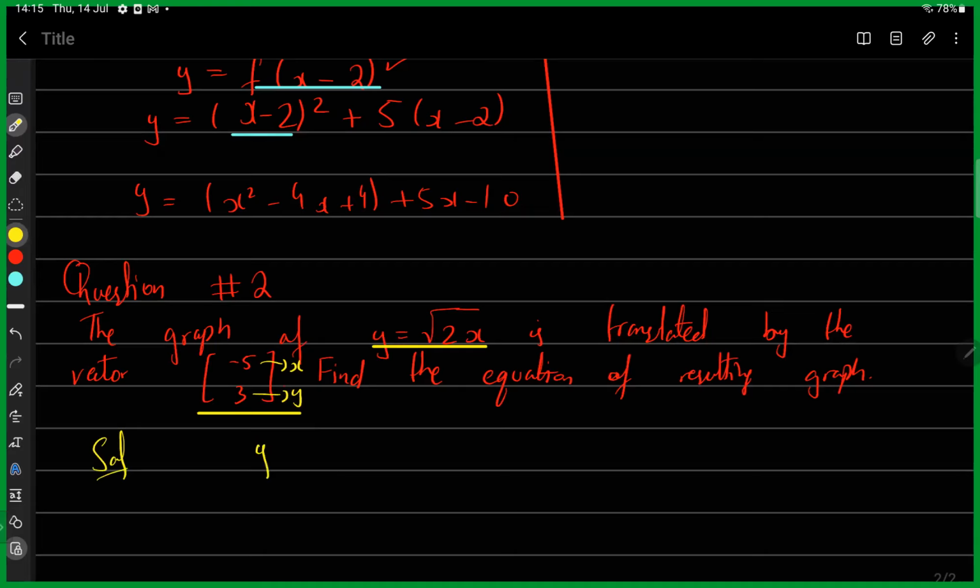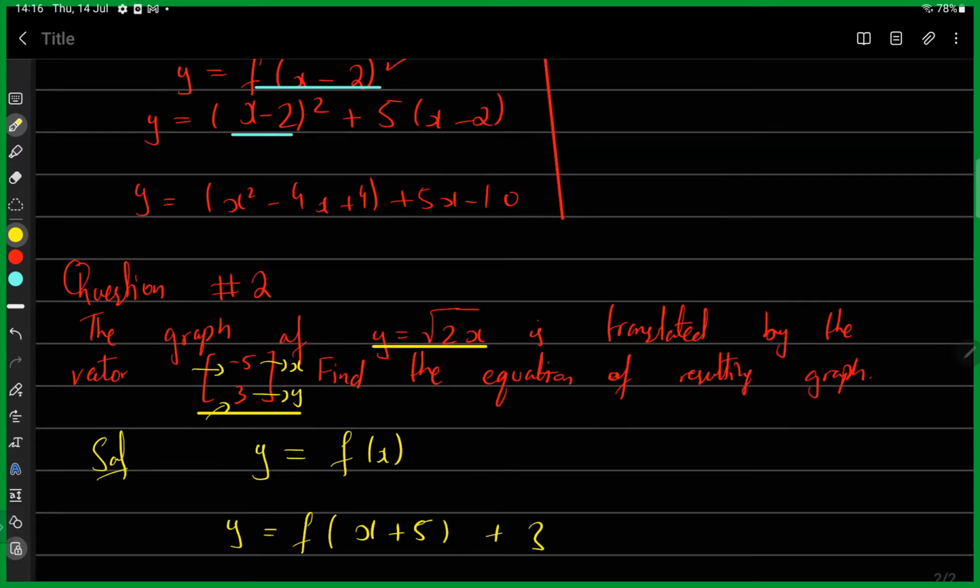Let's say it is y equals f of x. So for the transformed version, we have made a difference in x and we have also done something with y. Whatever would be happening with y would come as it is. So we have a 3 here, I would be writing a 3 here. But we have -5 here, so I would be transforming it to x plus 5.